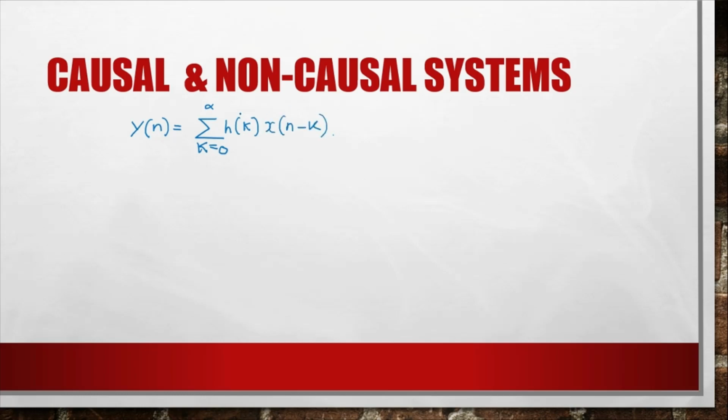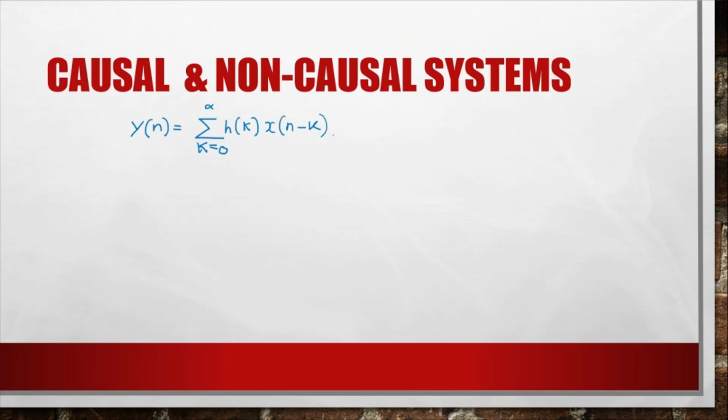Now, from here there comes another definition of causal system. We can also say that an LTI system is causal. We know that h[k] is the response of the system.